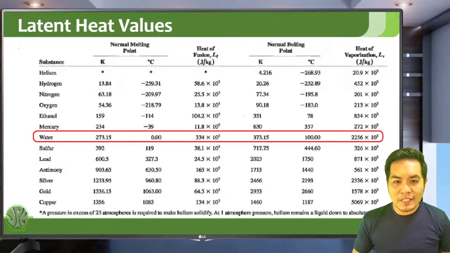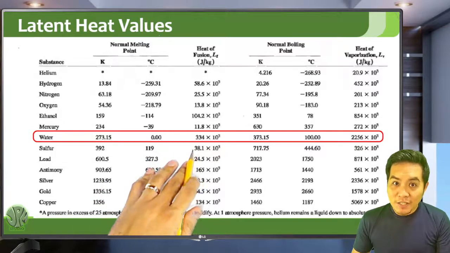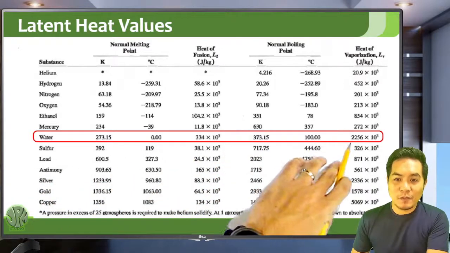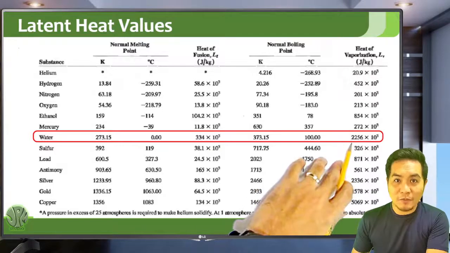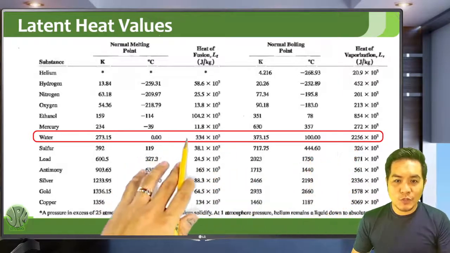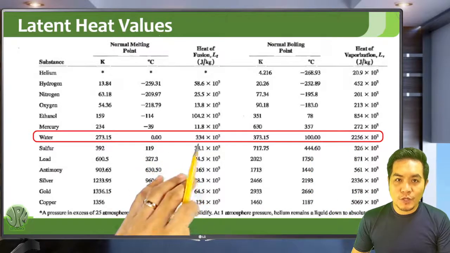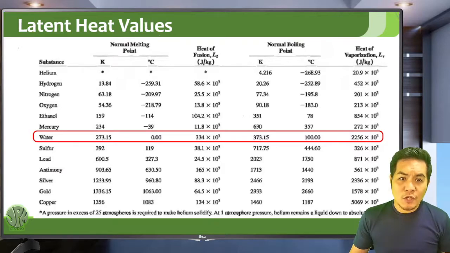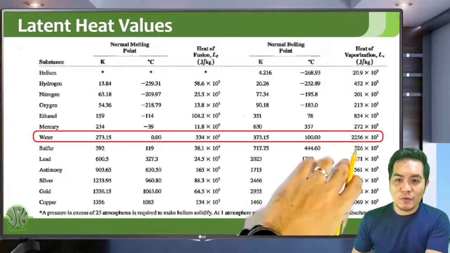So you will notice that it's easier to melt ice or water as compared to boiling it. It's easier to freeze as compared to boiling it. So fusion transformations usually require less heat as compared to vaporization.